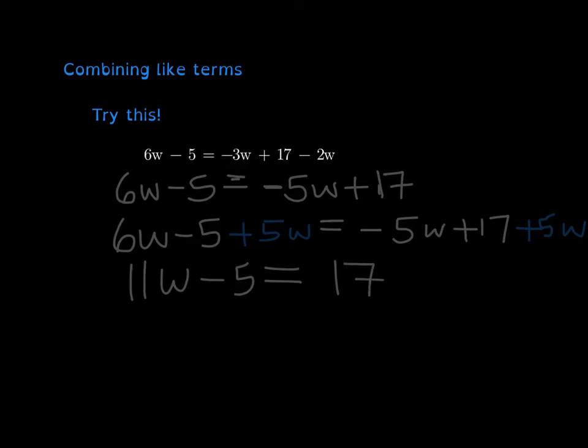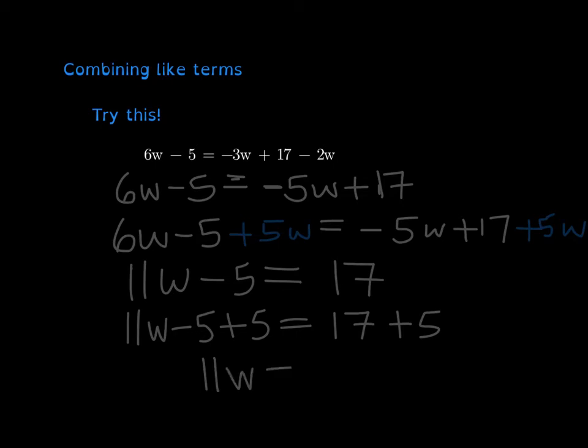And to get w by itself, we'd next want to get rid of the minus 5, so we'd add 5 to both sides. So 11w subtract 5, add 5, and that equals 17 plus 5. The minus 5 plus 5 cancel out, leaves us just with 11w on the left, and 17 and 5 is 22.